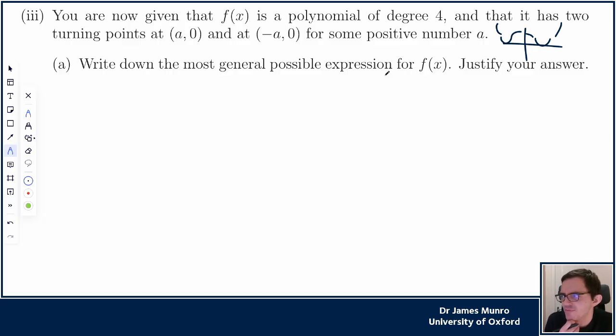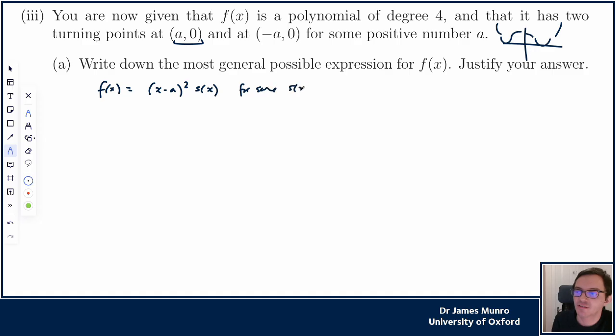So my expression for f of x has got to respect the fact that this has a turning point at a, 0. So f of x has got to be equal to x minus a squared times s of x for some s of x.